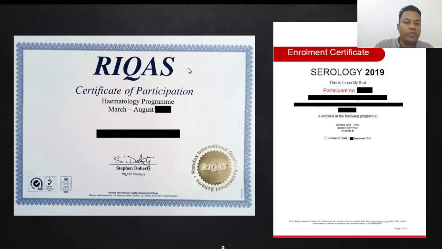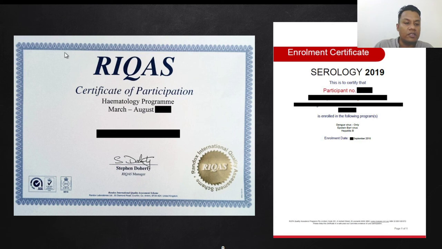It's like a test of whether you can perform and give back the answer. If our analyzers are able to give the true value of the specimens, the organization will recognize us by giving the lab a certificate of participation.